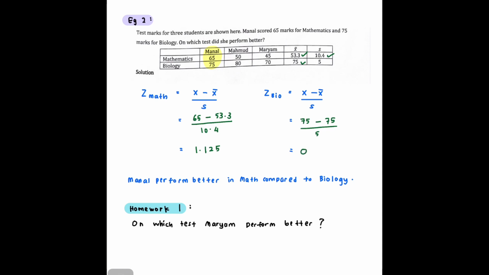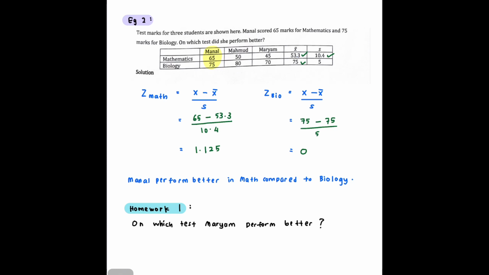Okay. So on which test did Manal score better, maths or biology? For maths, the standard score is 1.125, but for biology, the standard score is 0. So you can conclude Manal actually performed better in maths compared to biology.